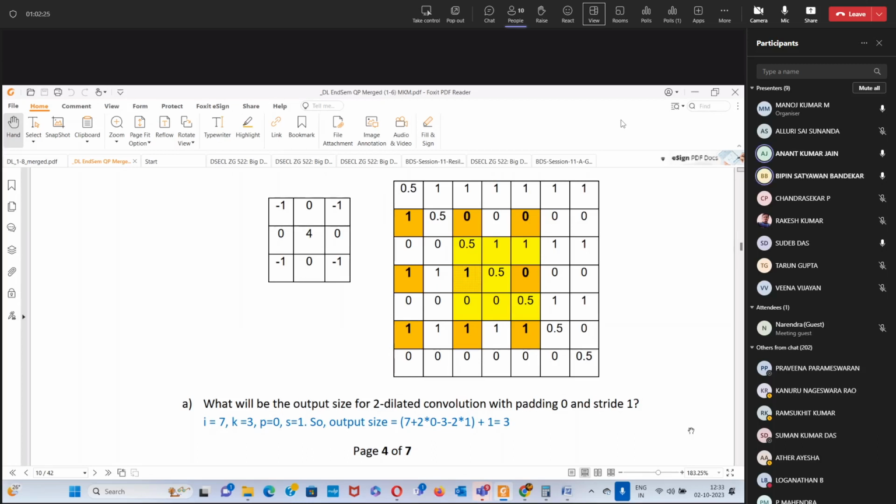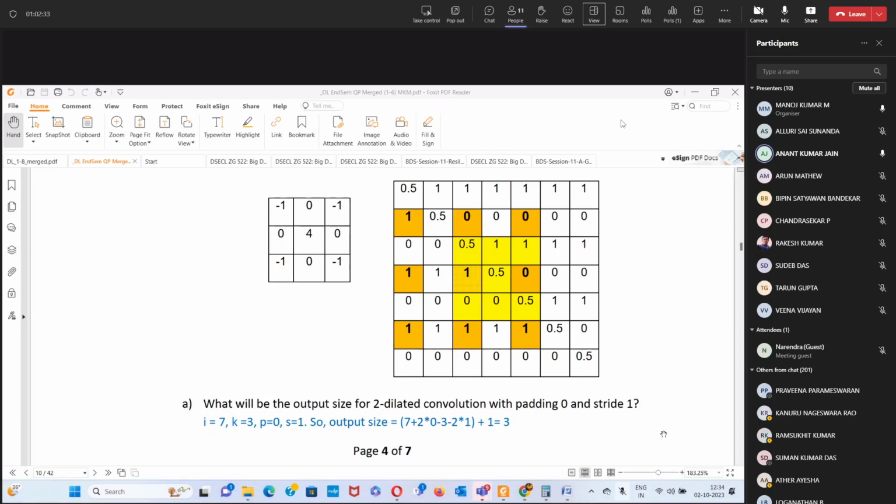See the stride concept. Bipin, can you please be on mute because your voice is coming through. Try to see it like a Python for loop. In the for loop, you give i equal to 0 and then some condition, and there is one more parameter called stride, which tells you how many steps you need to skip.